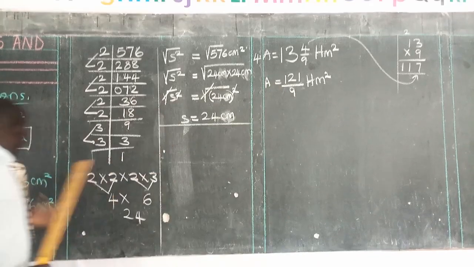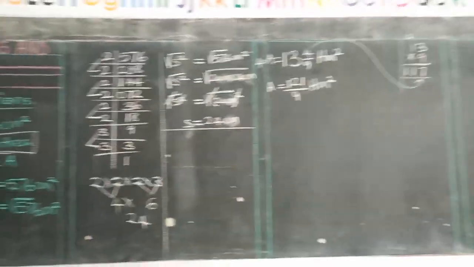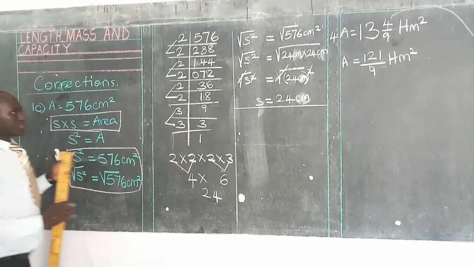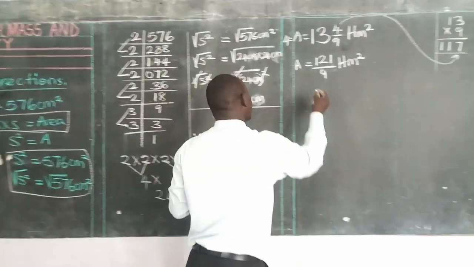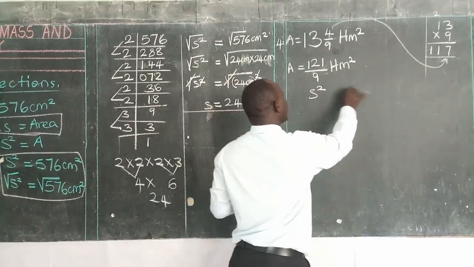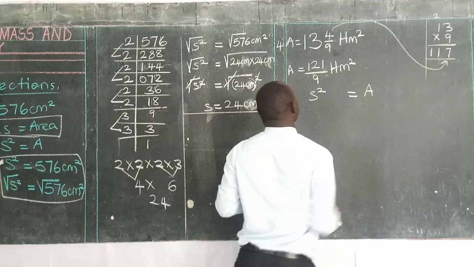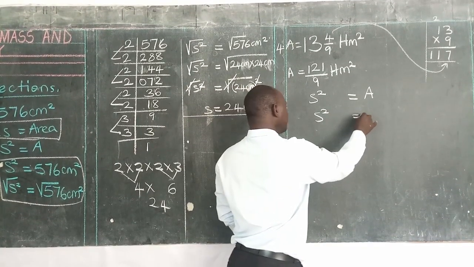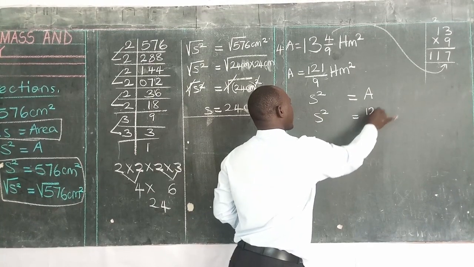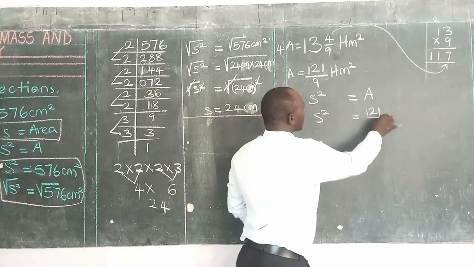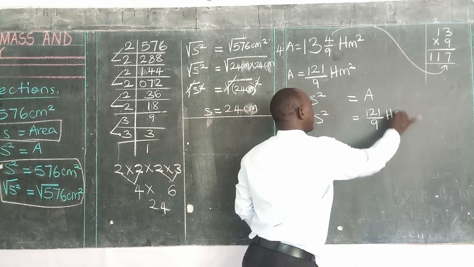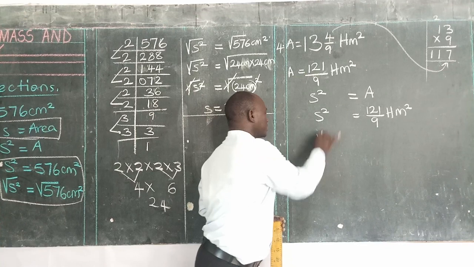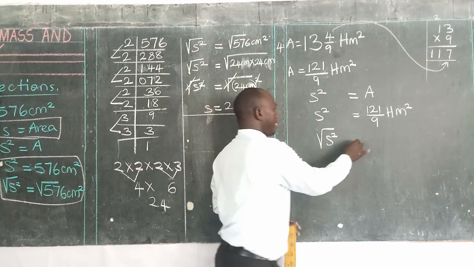When you look at this, we shall state our formula as side squared is equal to the area. So my side squared is equal to the area, which is 121 out of 9 square hectometers. So come up with the square root of a squared.